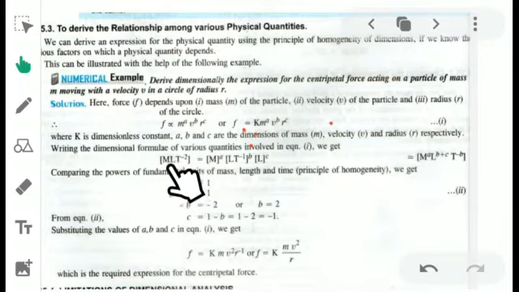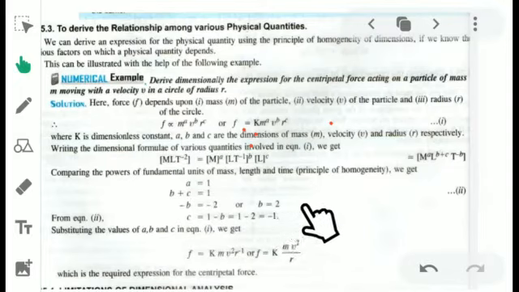Then equating the power of L, here 1 and here it is b plus c. Then equating the power of time, here T minus 2 and T raised to minus b. That means minus b is equal to minus 2, b is equal to 2. We know the relation b plus c is equal to 1. From that we will get c is equal to minus 1.